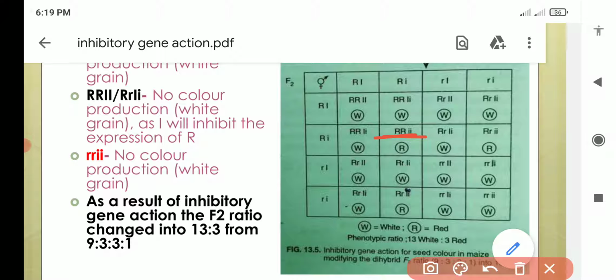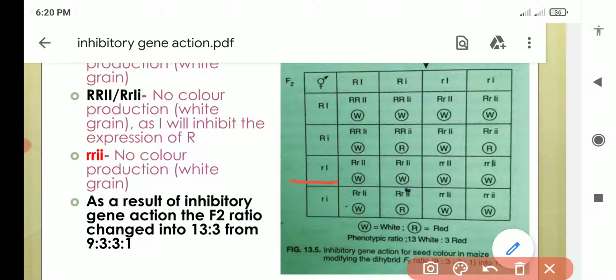Ultimately it will express itself and produce the red color. Then this will cross with this, and again white color will be produced. When this crosses with this, again red color will be produced because now capital R, small r are present, meaning capital R is present alone. So it will be able to express itself and produce red color.